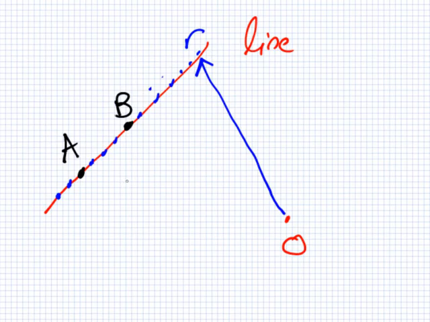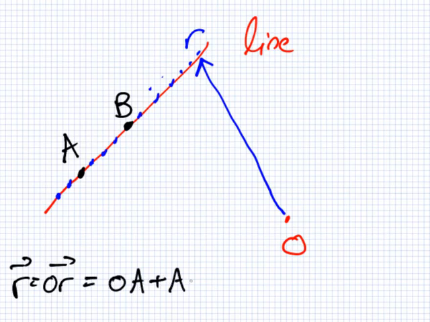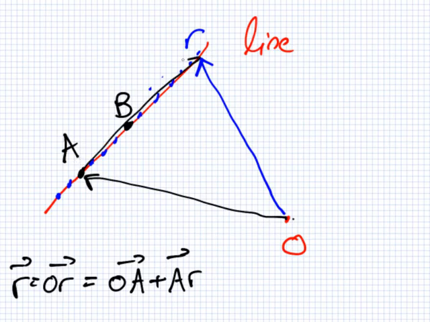The equation of this vector OR, you can say OR equals OR, but if I want to use A and B, I could say that's equal to OA plus AR. So far is that okay?